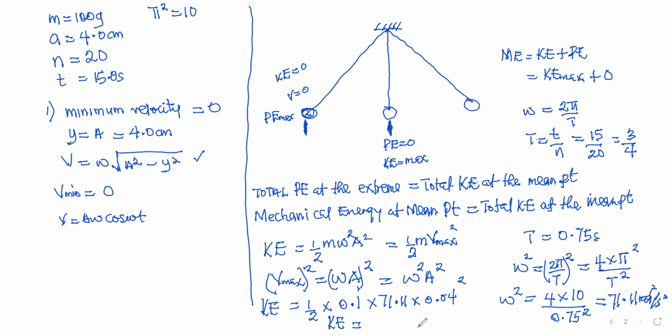0.1422. Check your answer again. Half times 0.1 times 71.11 times 0.04 squared.